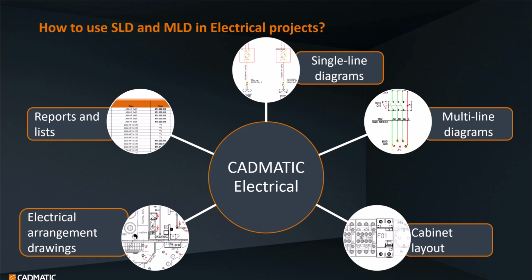What you are actually doing, of course, is drawing the actual drawing. You are doing the single line diagram itself. You are creating the cabinet, cables and the devices and making the connections between them. But that information can be reused in these other drawings later on, so that you don't have to create these devices again and again and again.